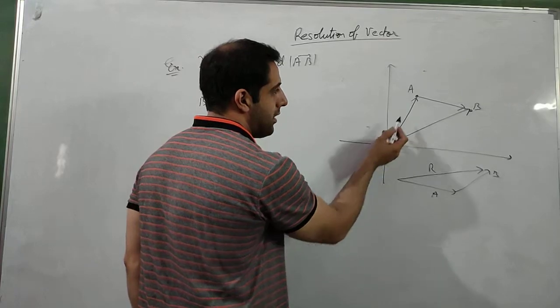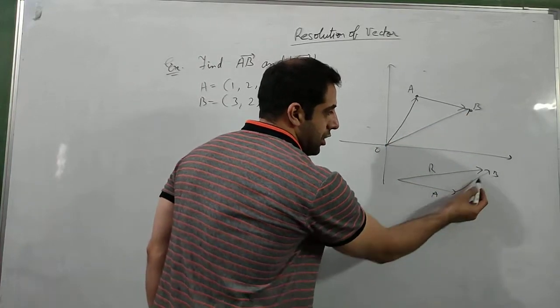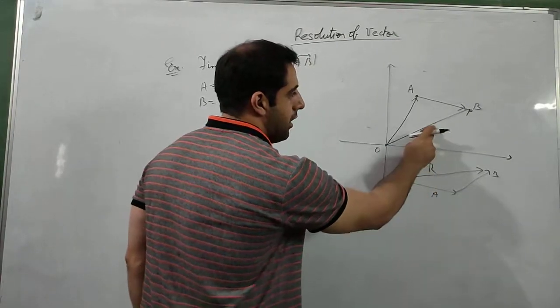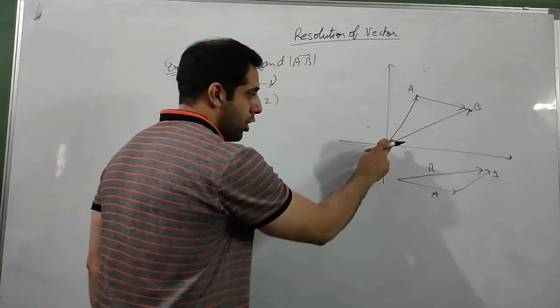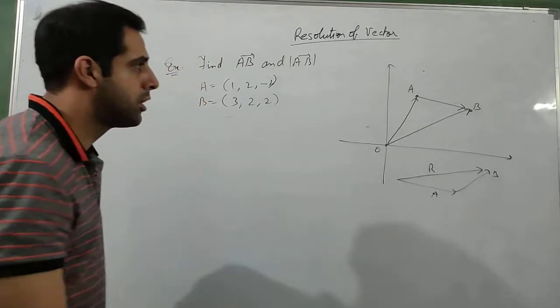Notice the head of vector A and the tail of vector B are in continuation. So OA and OB will be these two sides, and R will be the side joining the tail of A with the head of B. Make sure you don't get confused.